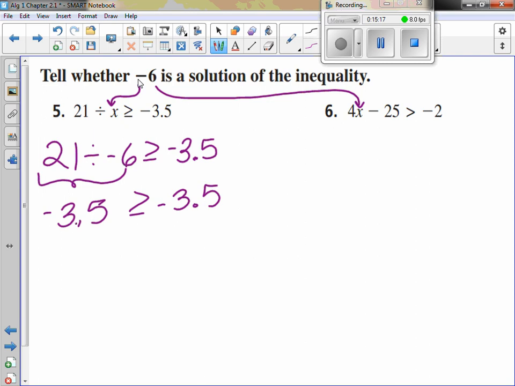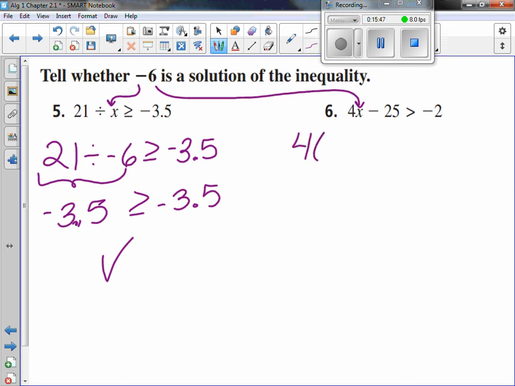Negative 3.5. Is this a true statement? Is negative 3.5 greater than or equal to negative 3.5? Because it is equal to. Because if it has that little line underneath it, the values can be the same, yes? Because that's the only time they can be the same. If it's just greater than or just less than, it can't be equal.